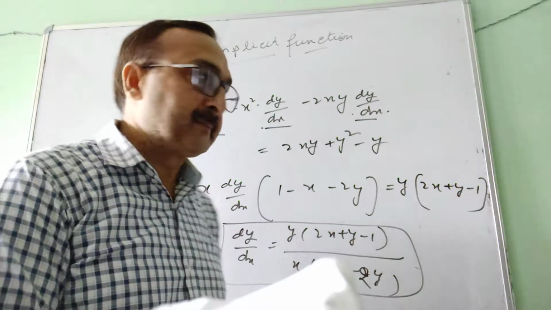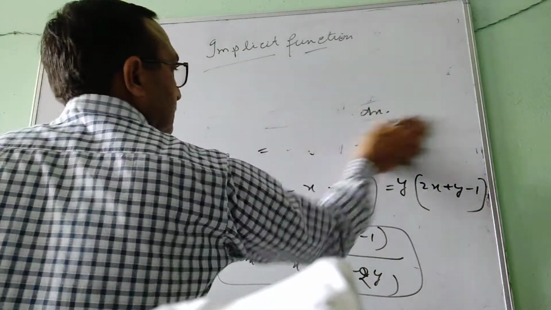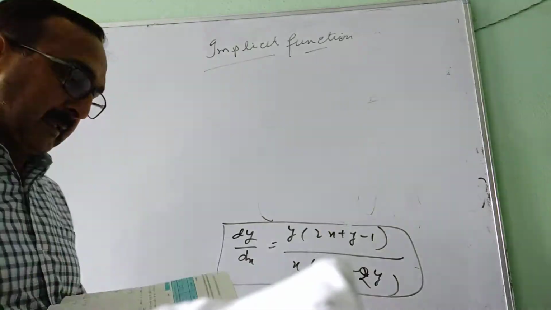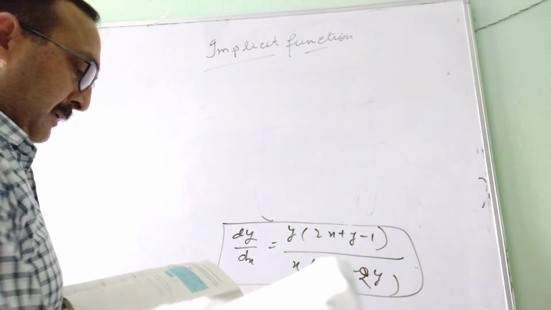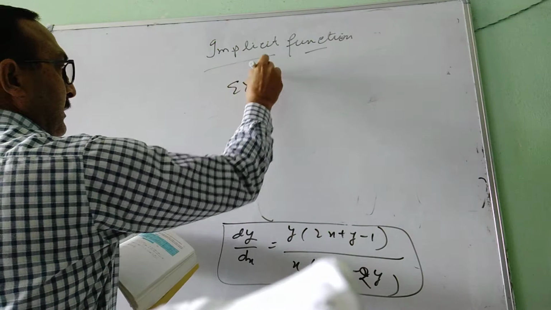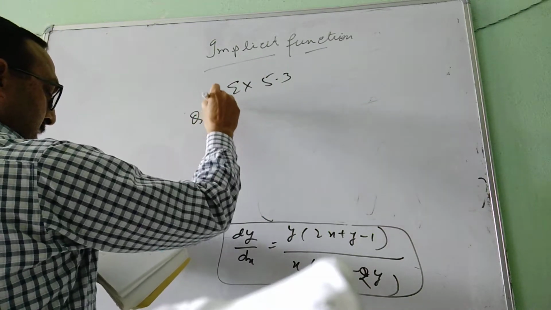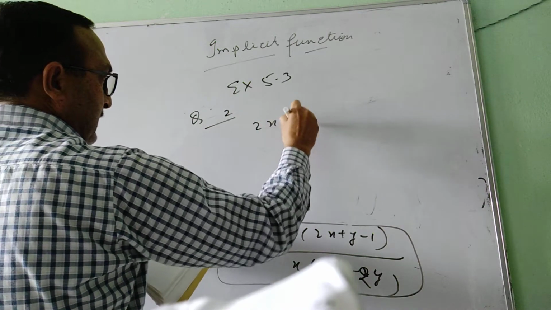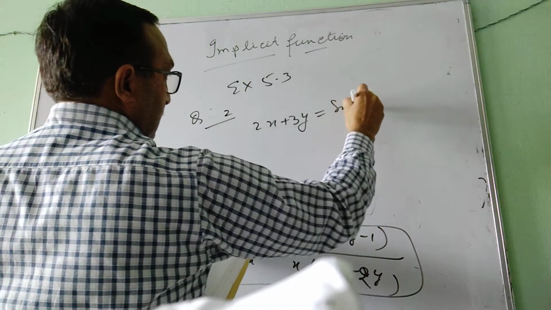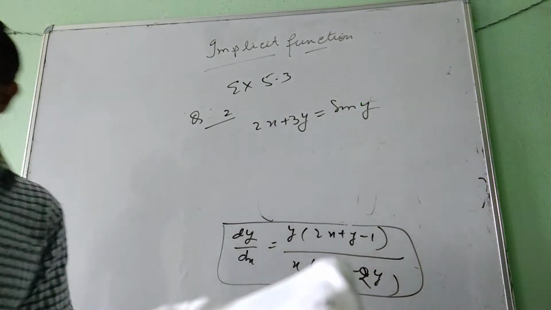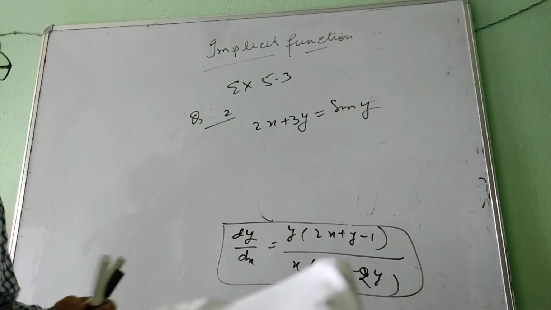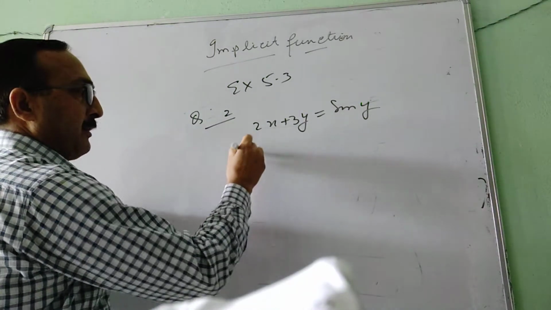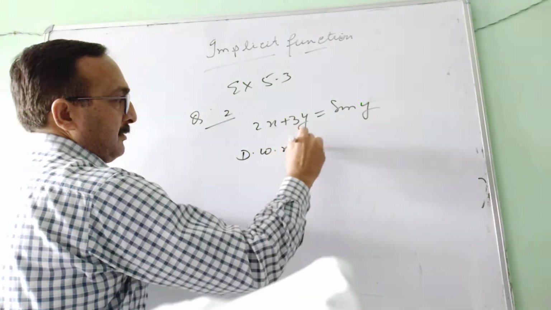Exercise 5.3, question number 2. 2x plus 3y equal to sin y. Now differentiating with respect to x.